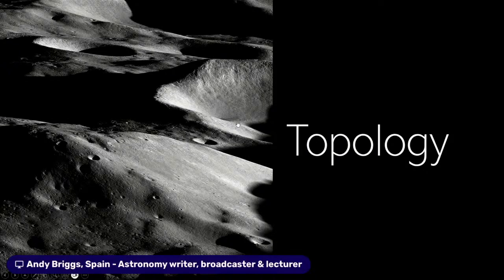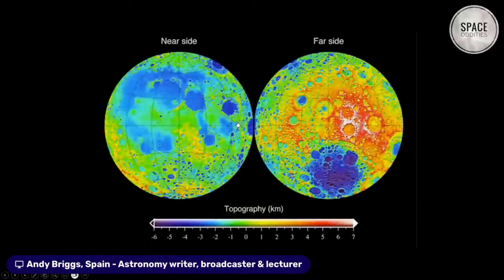Extremely haunting, really weird landscape. But let's talk about it. So this is the topology of the moon, basically. We've got the near side and we've got the far side. The South Pole is characterized by huge, very deep craters with ridges between their rims.